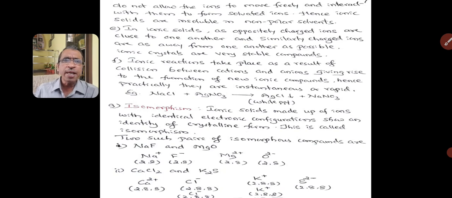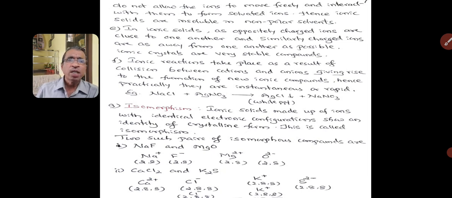One is sodium fluoride and magnesium oxide. In sodium fluoride, both the ions attain the electronic configuration of neon. Similarly, in magnesium oxide, both the cation and anion attain the configuration of neon. So, these two compounds are isomorphous with each other.